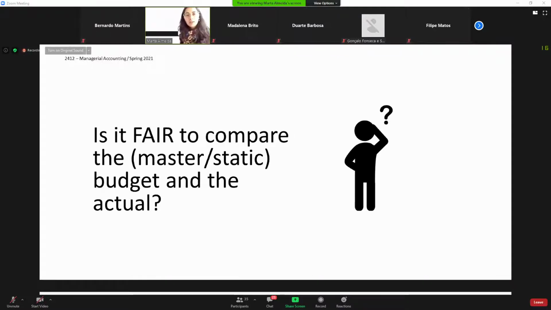If we just compare the initial meters with the actual meters, it does not make sense because it's a different level of activity. That is why we should adjust the budget.